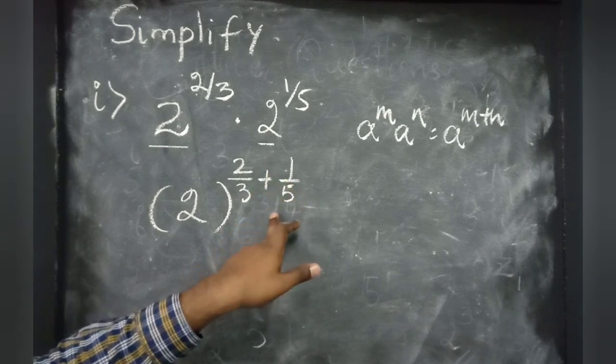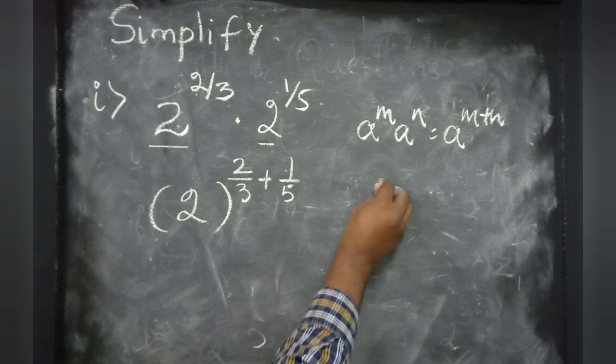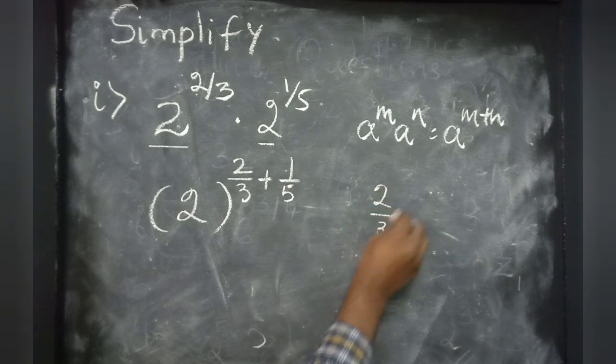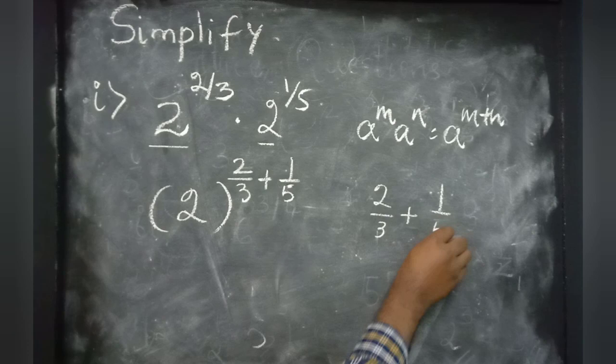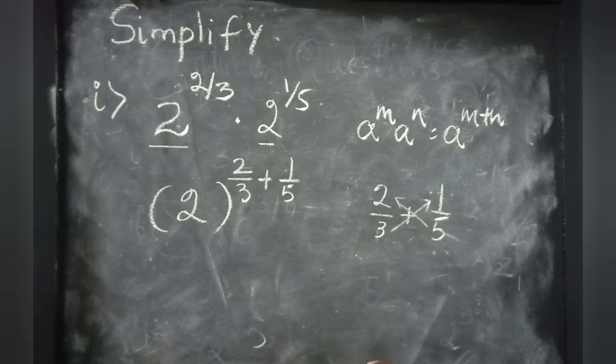Another easiest way is to just use the butterfly method. 2 divided by 3 plus 1 divided by 5: 5 twos are 10, 3 ones are 3, and 3 into 5 is 15.